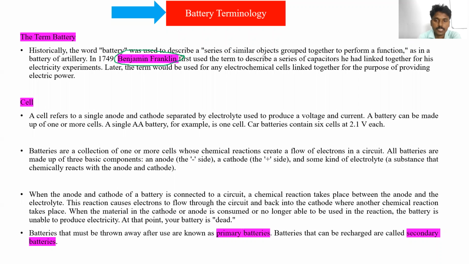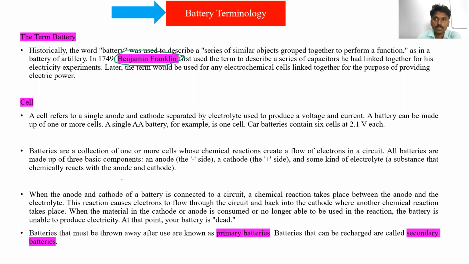A chemical reaction takes place between the anode and the electrolyte. This reaction causes electrons to flow through the circuit and back to the cathode, where another chemical reaction takes place.